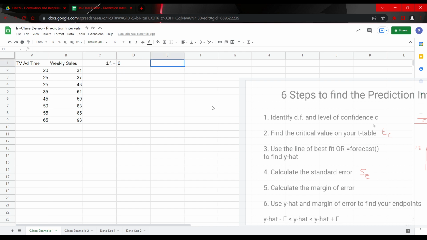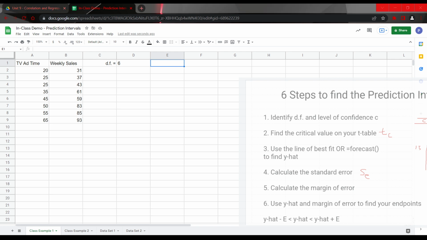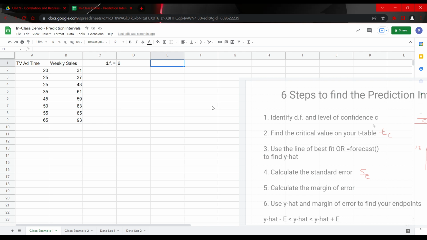Next up, I need to find my level of confidence. On page 281, I'm looking for a 95% prediction interval. So I'm going to use C is equal to 95%. If you look at your t-table, again, you can use your t-table confidence level of 95 and degree of freedom of 6.